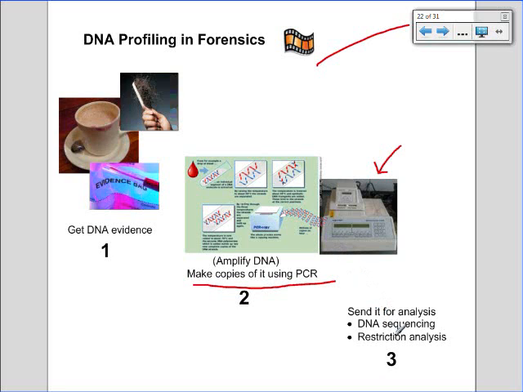The last step is analysis. Usually that takes one of two forms. One is sequencing, so they actually sequence all of the DNA. The second is what's called restriction analysis.